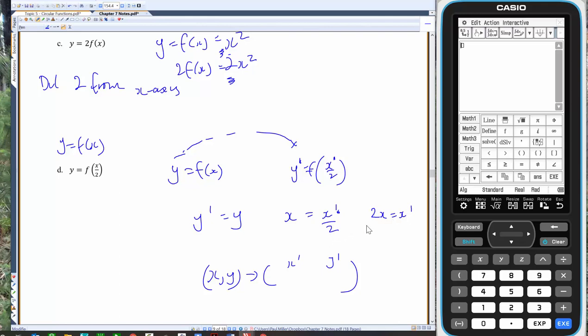Now I write what x dash is, which is 2x, and I pop in y over here, which is what y dash is. Now notice what this is. If this was the mapping, x comma y maps to these new image points. This one here is 2x, so we're multiplying the x values by 2. That means this is a dilation from the y-axis.